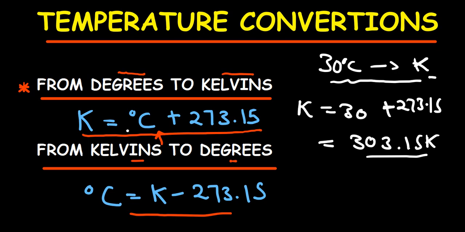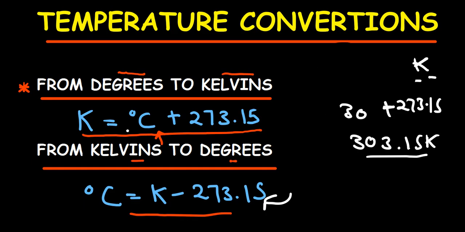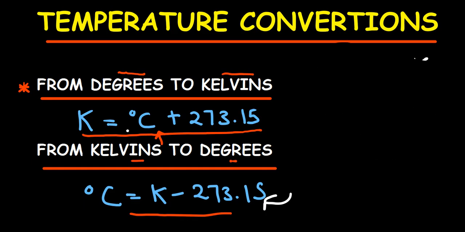Then we can also do an example on converting from kelvins to degrees. We are going to use that formula that we shared there. So we are converting, let's say, 300 kelvins to degrees Celsius.